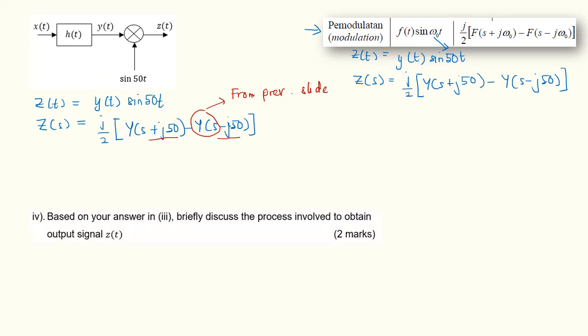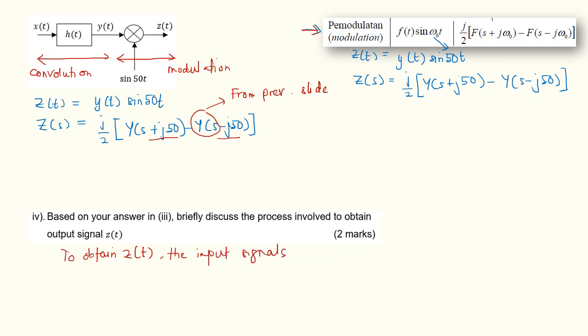Okay, so next, based on your answer in 3, briefly discuss the process involved to obtain output zt. Okay, so obviously in the first part of the figure you have convolution, and the second part of the figure you have the modulation. So therefore you can answer to obtain zt, the input signal.